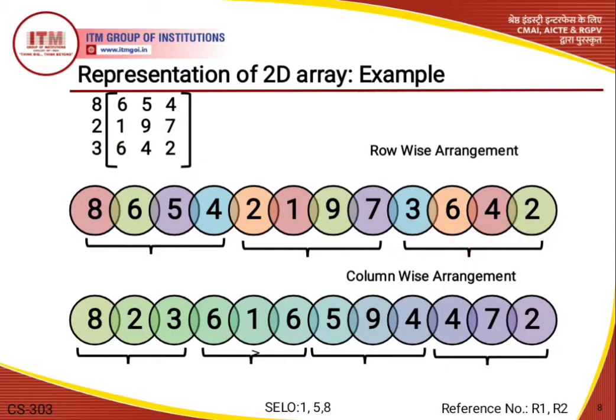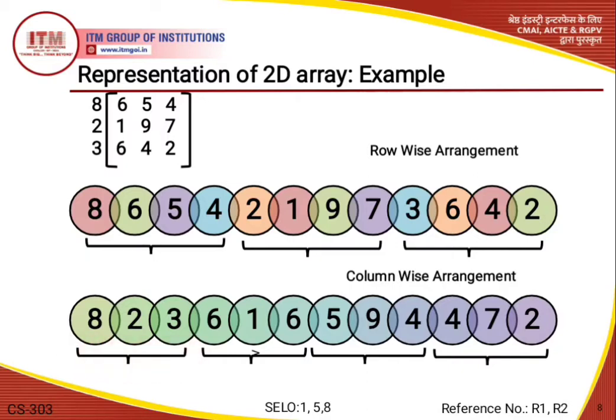Now if it is arranged in column wise arrangement, as I already told you, all the elements of the first column are stored, and here the first column is represented as 823, and then the elements of the second column, and so on up to the last column. In this diagram you can see that the first column is 823, represented as column 0.